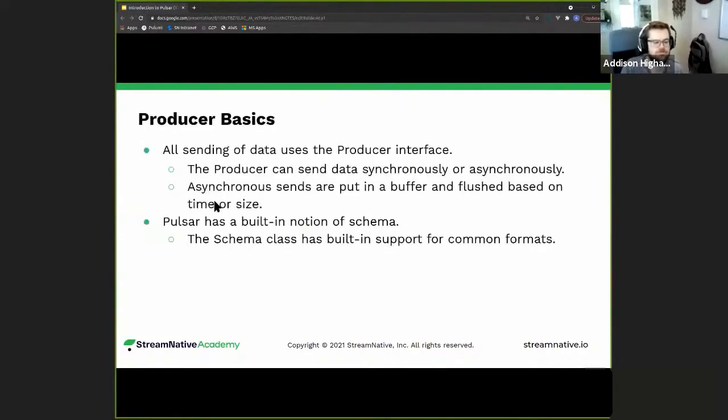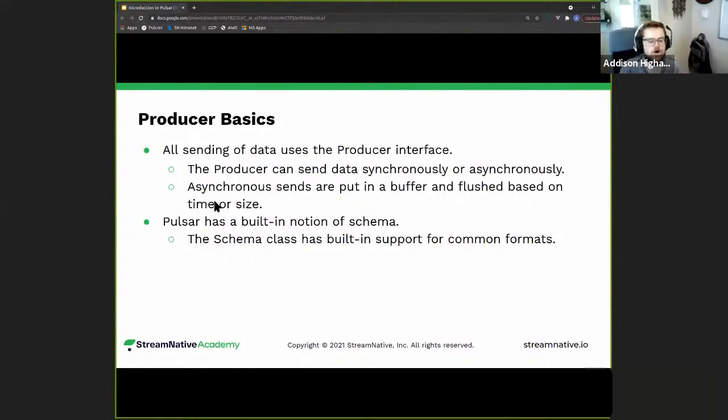From a code perspective, all data is sent through the producer interface, and it can send data synchronously or asynchronously. When you use asynchronous sends, that allows Pulsar to do some intelligent things, like buffering your data into batches so that you can get higher throughput and higher performance.